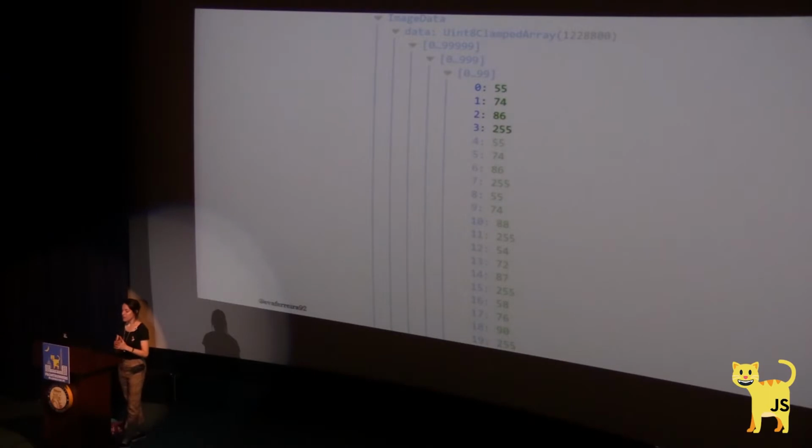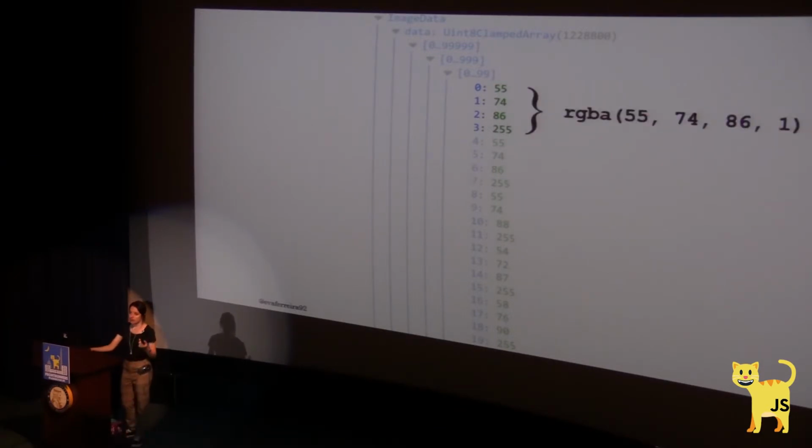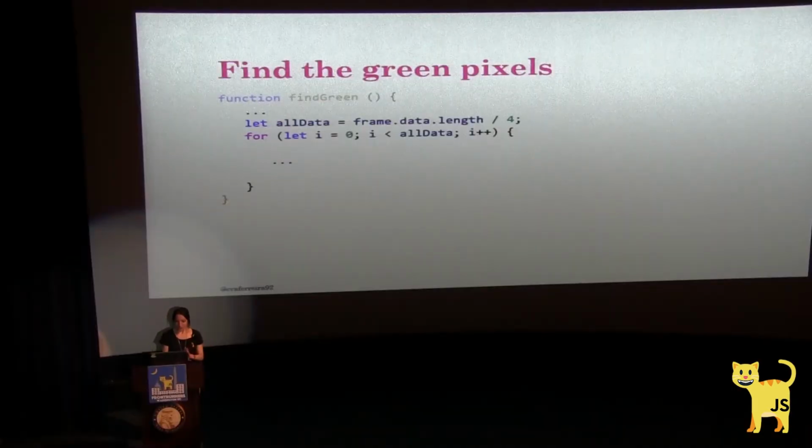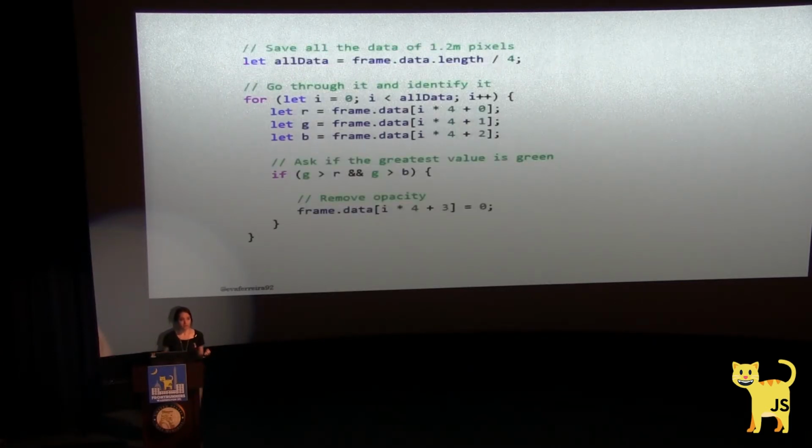So if we want to know what the first pixel of the very first frame looks like, we actually got the information. It looks like an RGBA of 55 red, 74 green, and 86 blue with 1 of alpha value. So what we need to do is make this wonderful for loop into all that data and find the green pixels.